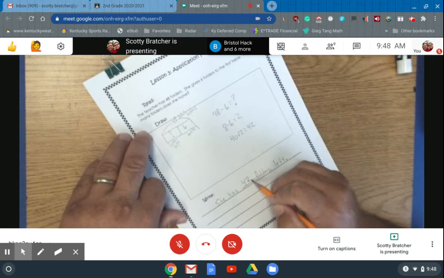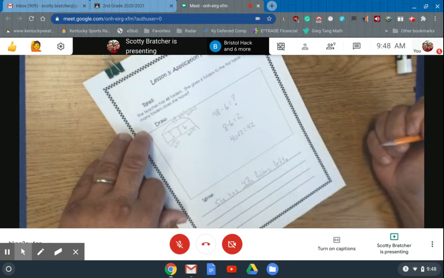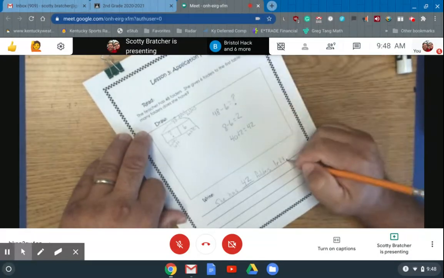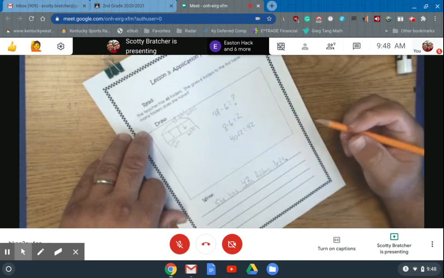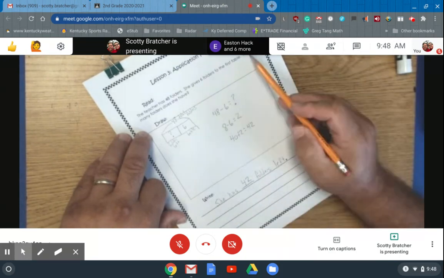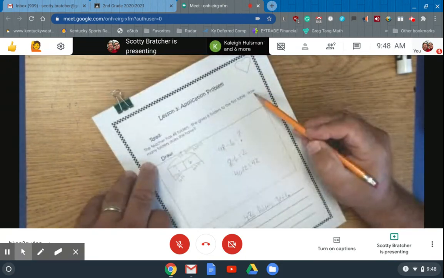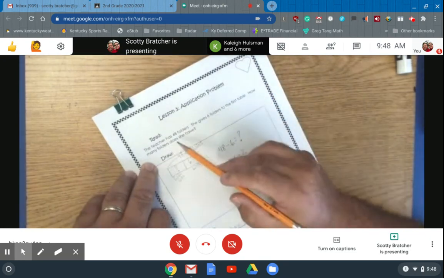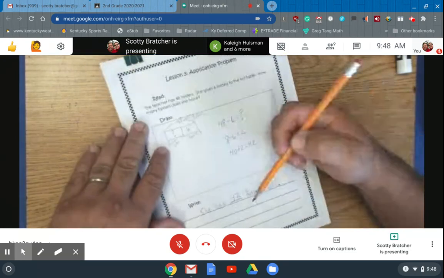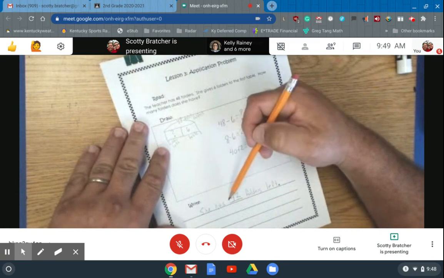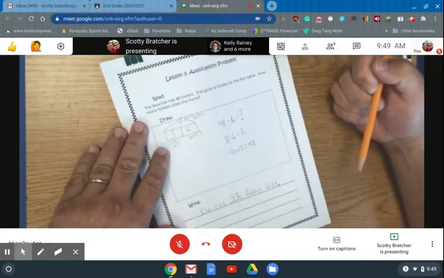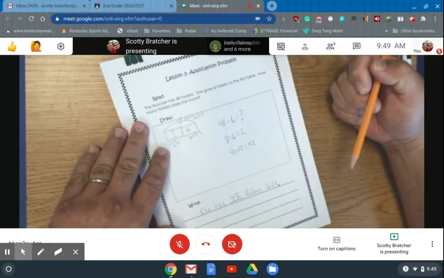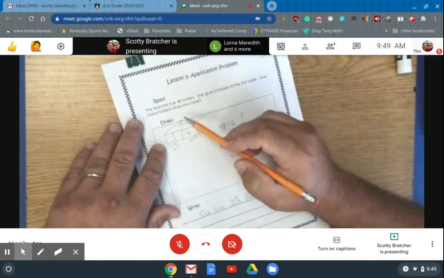Exactly, 42. So we've wrote a sentence. It answers my question up here, doesn't it? It says, how many folders does she have? And I answered it by saying she has 42 folders left.